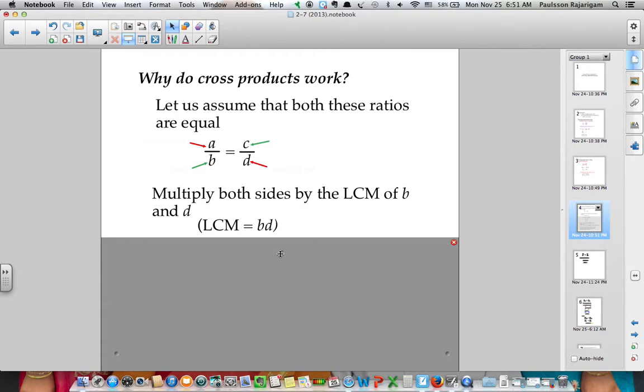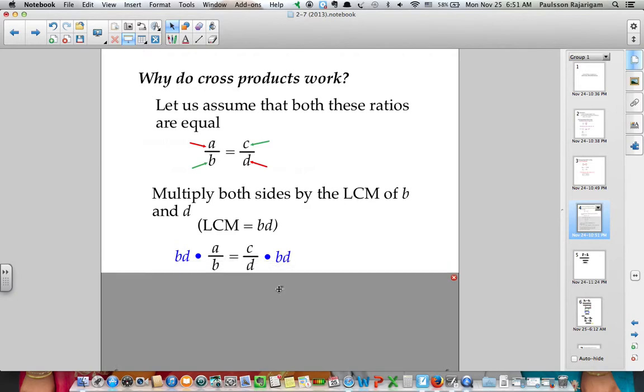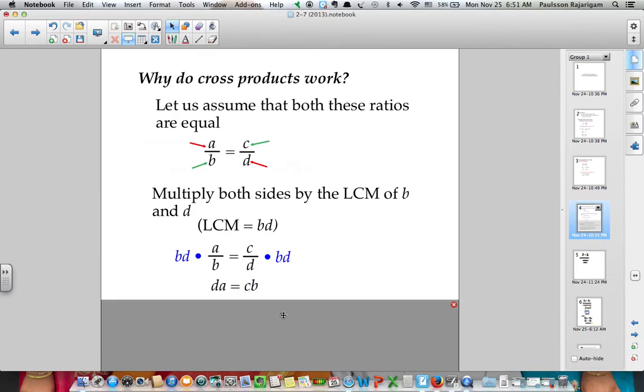So I'm going to multiply A to B by BD, like I have here, and I'm also going to multiply C to D by BD. And you realize that the B here and the B here cancel out, the D here and the D here cancel out.